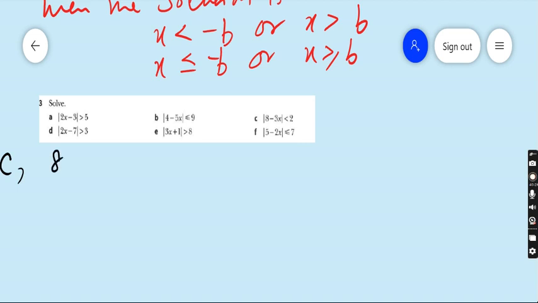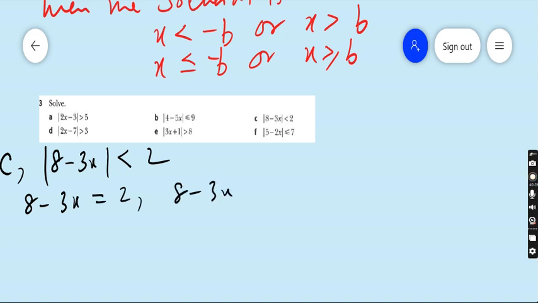Part C: absolute value of 8 minus 3x less than 2. So 8 minus 3x is equal to 2, and 8 minus 3x is equal to -2.